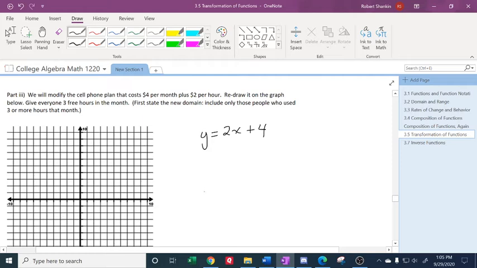Okay, go ahead and enter your new equation in the group chat. See what other people are writing.